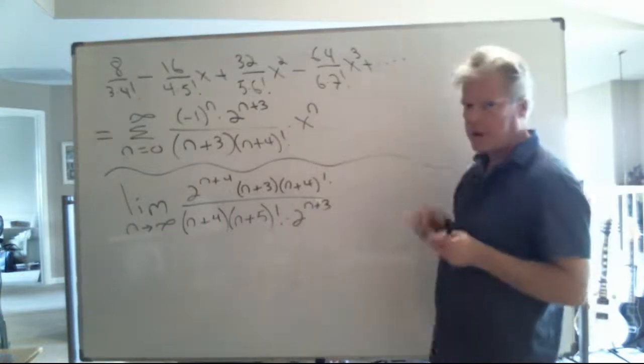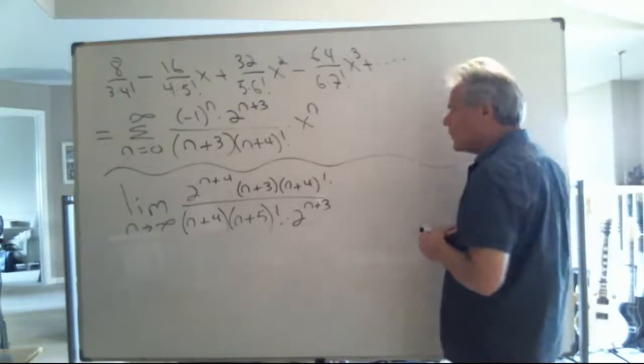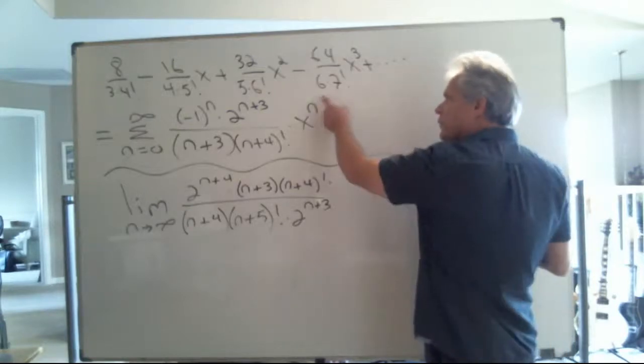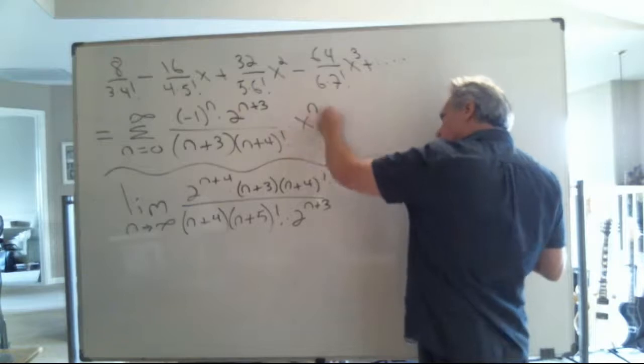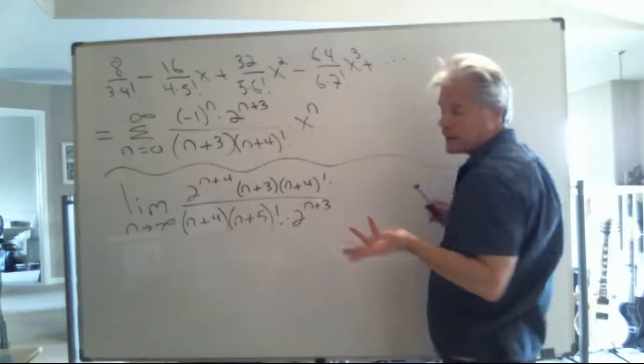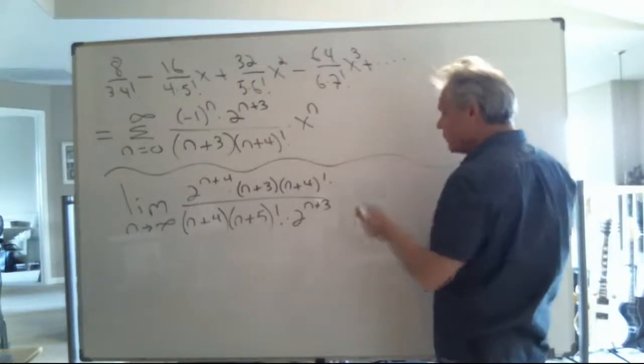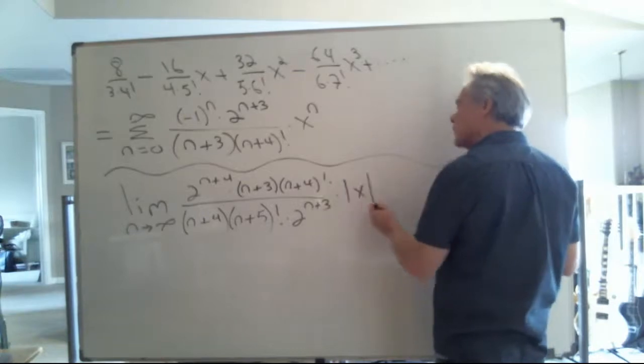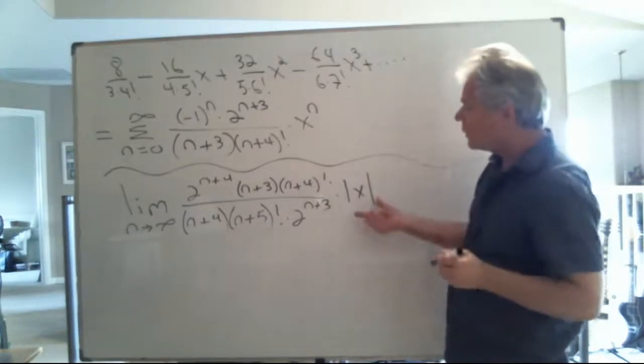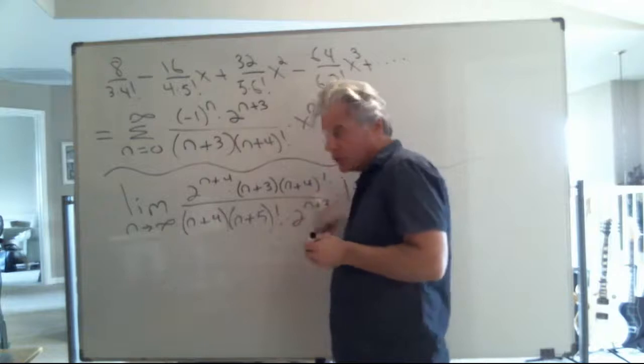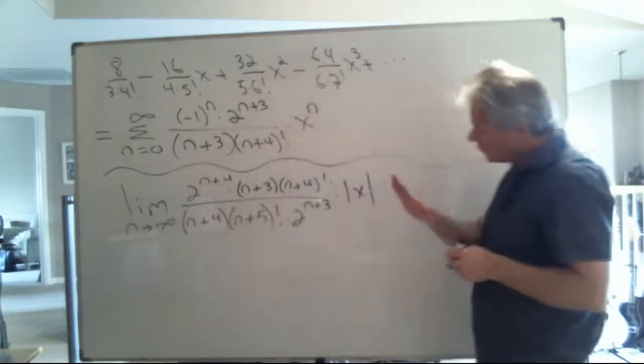Neglecting that factor. Now multiplying by the ratio of the n plus first term's component involving this factor to its nth, in absolute values, I get a lot of cancellation. I'm merely left with the absolute value of x. Now remember, this has nothing to do with n, so it's not in the limit. If you want to, you can pull it straight out front. But we're using the ratio test.